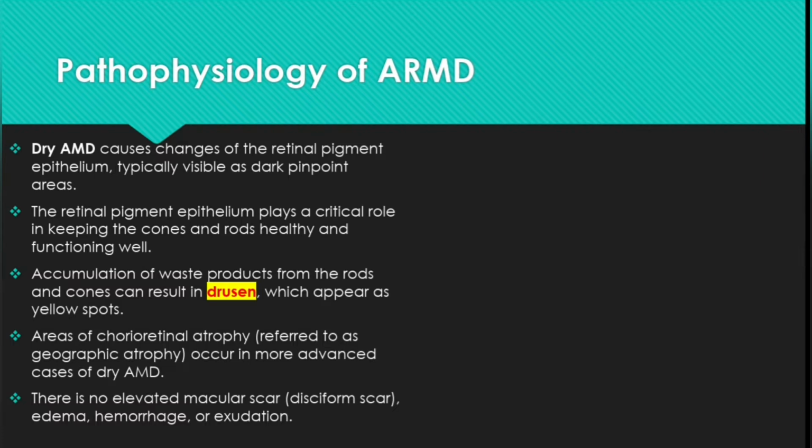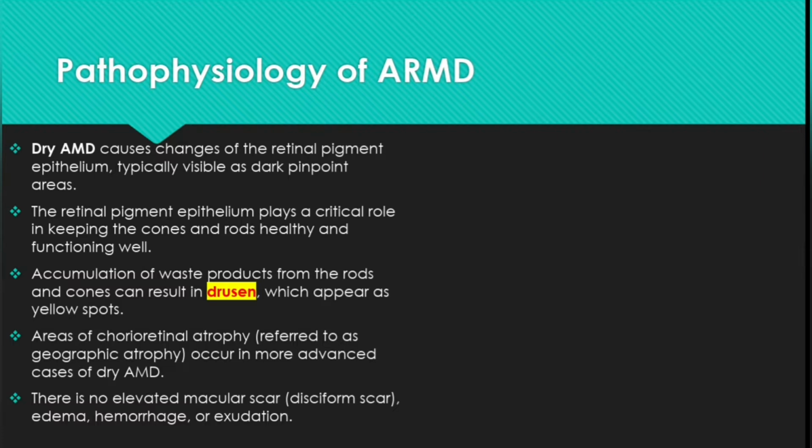The retinal pigment epithelium plays a critical role in keeping the cones and rods healthy and functioning well. Accumulation of waste products from the rods and cones can result in drusen, which appear as yellow spots, right? So I will show you the yellow deposits later.